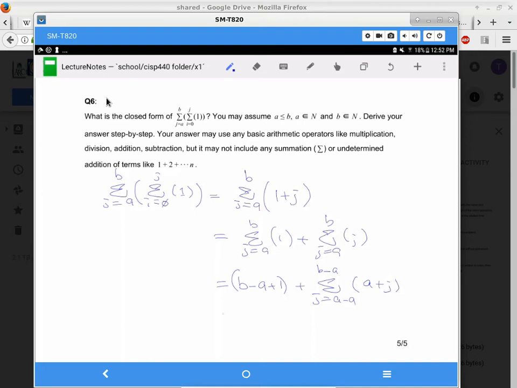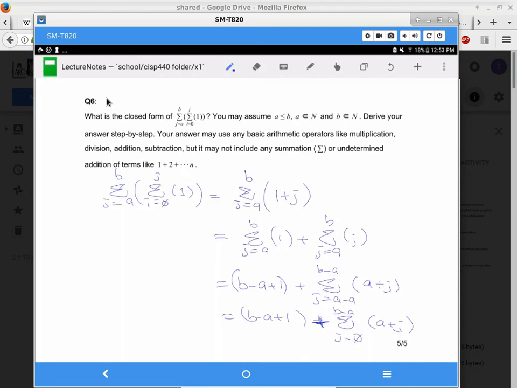So now you get b minus a plus 1, and in this part, this is a plus the sum for j equals 0 to b minus a, and then we have a plus j. So at this point, you single out the a because it's a constant, and then the other part is just j equals 0 to b minus a, and then you only have j as the summation term.